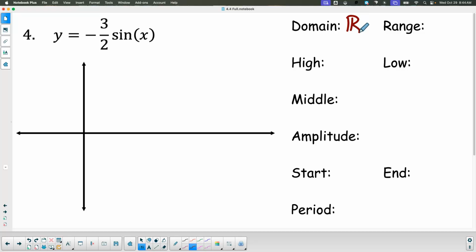Here's all real numbers. My amplitude is 3/2. My middle is still 0, which means we go up to 3/2. We go down to negative 3/2.